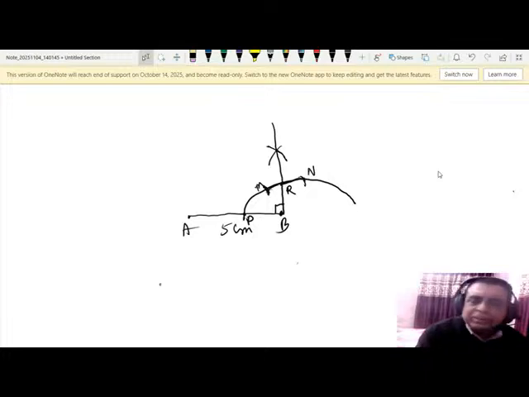Every time I made an arc with the same radius by putting the compass needle at point B, the first arc M and the second arc N by putting the needle at M. So the gap between P and M is 60 degrees, and between M and N is again 60 degrees, so the gap from P to N is 120. Now we have bisected MN, so the gap between M and R is 30 degrees, and between R and N is 30 degrees. So this angle, suppose I call this point T.